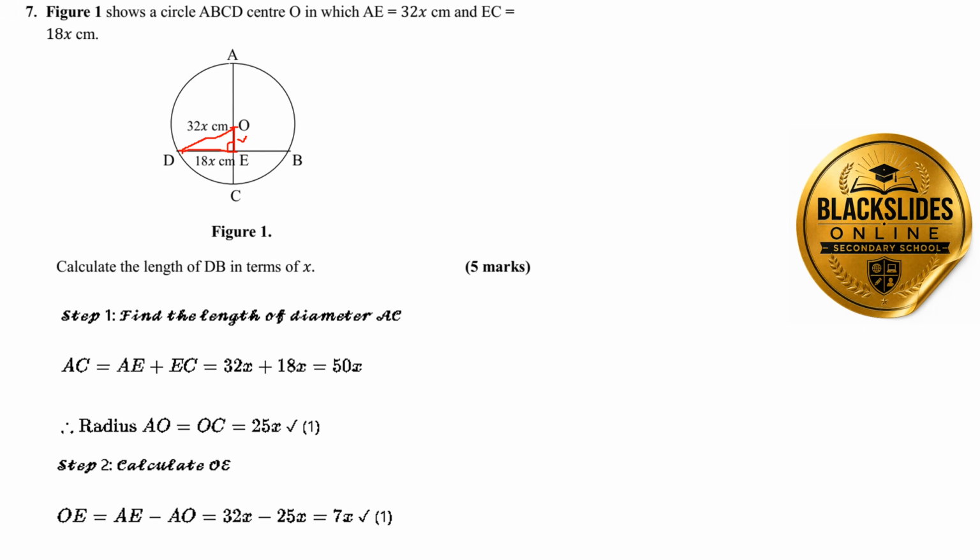And you are told that a line drawn from the center of the circle to the chord bisects the chord. That means this part is equal to this one. So if we know length DE, then we can find DB by simply multiplying DE by 2. So that's our target.